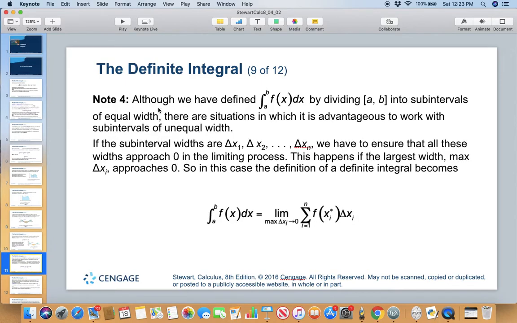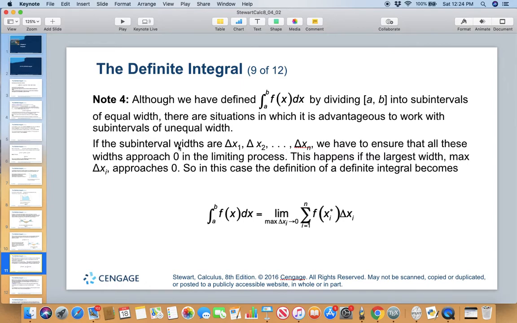Note 4. Although we have defined integral a to b f(x) dx by dividing the interval a to b into subintervals of equal width, there are situations in which it is advantageous to work with subintervals of unequal width. So the subinterval widths are delta x1, delta x2, and so on. These are the widths of each rectangle, and they could be different.